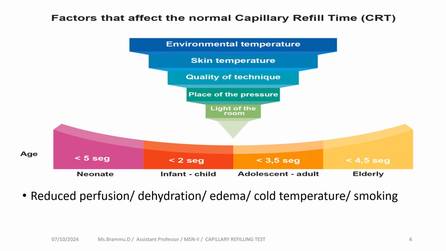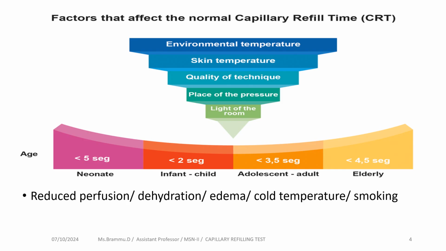That also has a direct impact or bias on the capillary refilling time. So always maintain a standard technique which is universally followed. And the place of pressure: which arm you have taken, and whether the arm already has any perfusion imbalances. Check that, and then place the pressure.